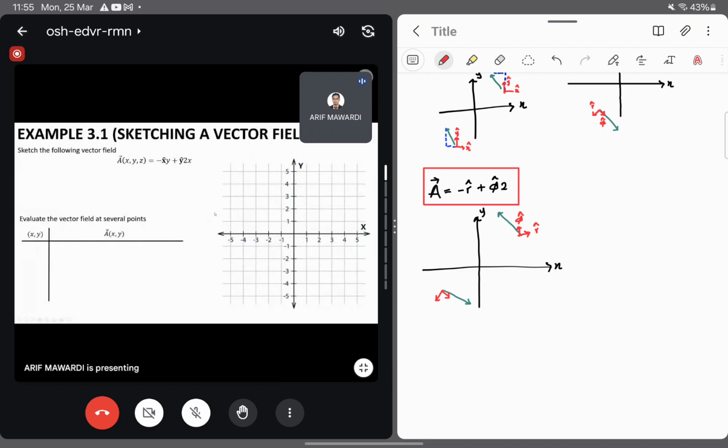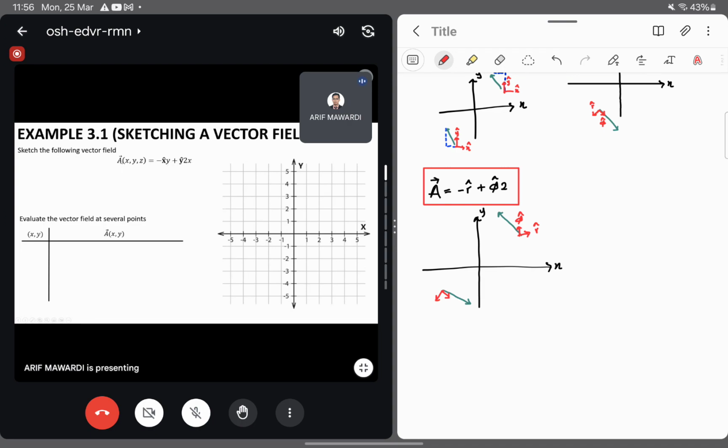Now I want to show you how I express a vector field. You see that my vector depends on the coordinate variables y and x.